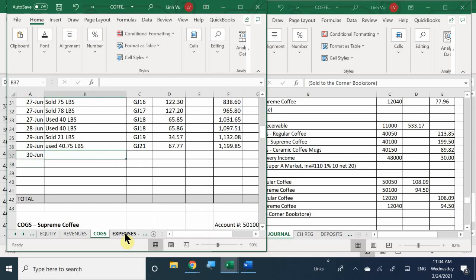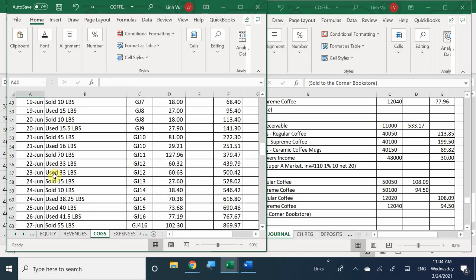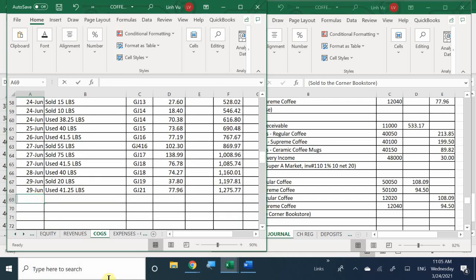So what was it again? 65. We sold 65 pounds. Sold 65 pounds. LBS. Okay. General Journal 21 for a total of 108.09. So what is going to be my total ending balance here? 37.94. Okay. Next here, how many pounds of my Supreme coffee did I sell? 50.